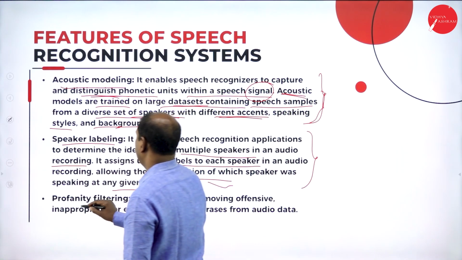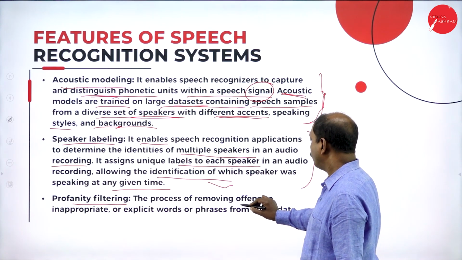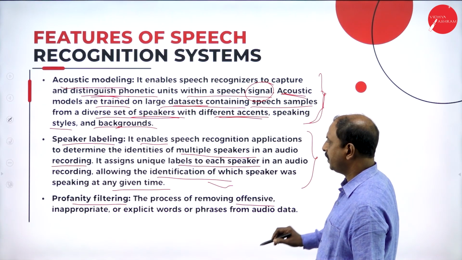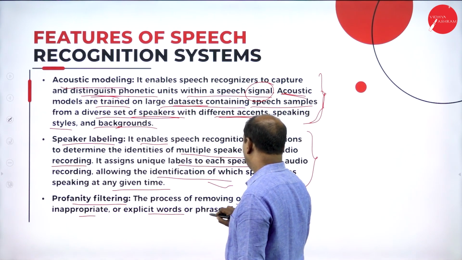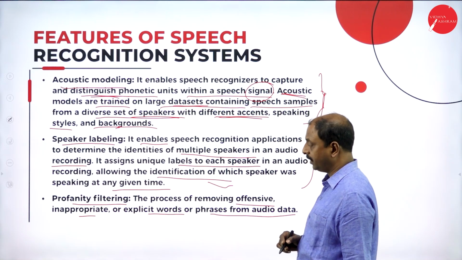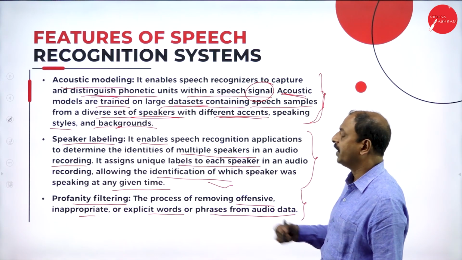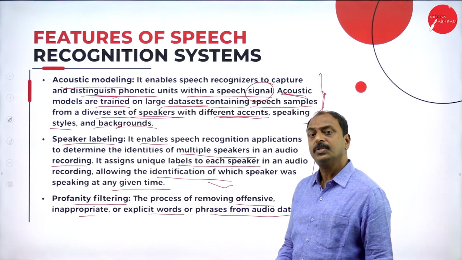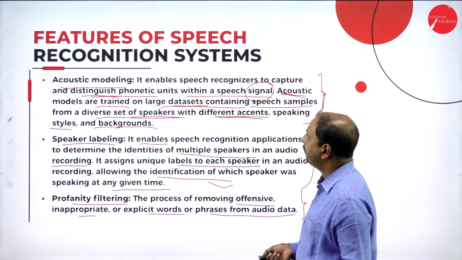Next one is profanity filtering. It is the process of removing offensive, inappropriate and explicit words or phrases from the audio data. This is a type of filter to clean the data or input signal. So these are the different concepts of speech recognition.